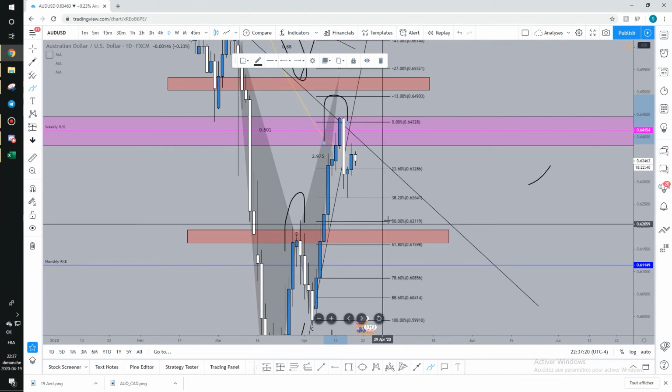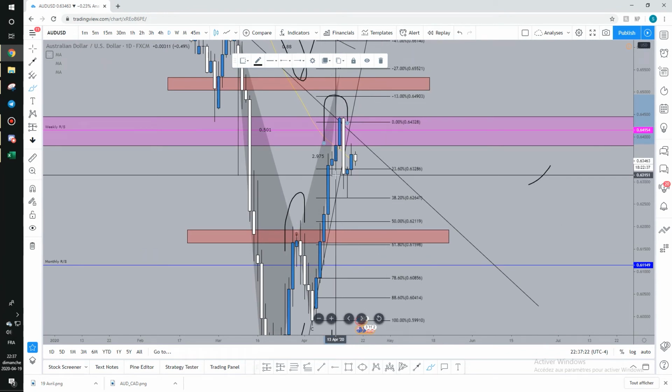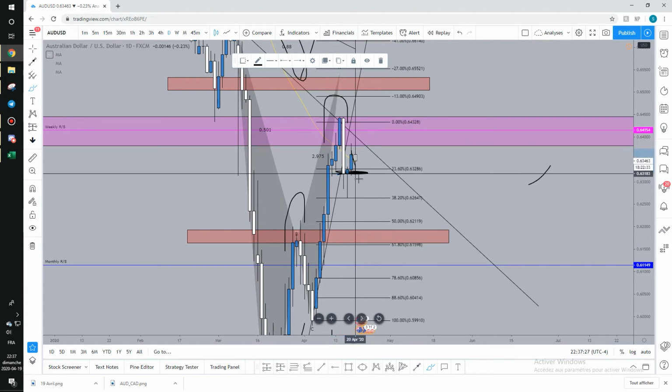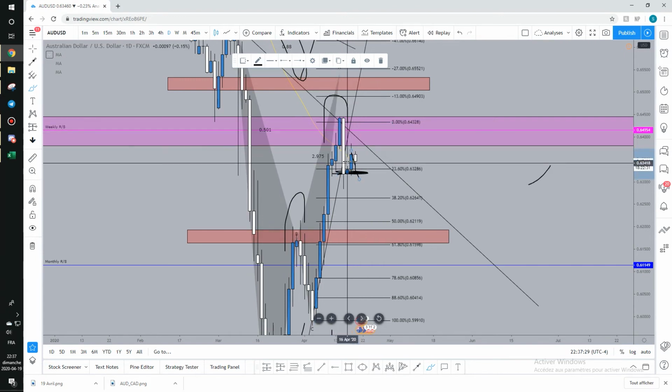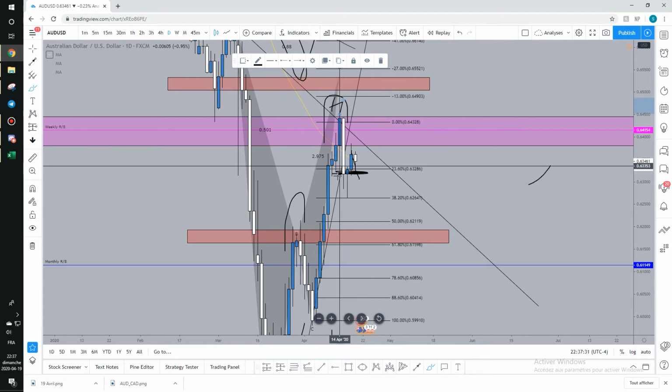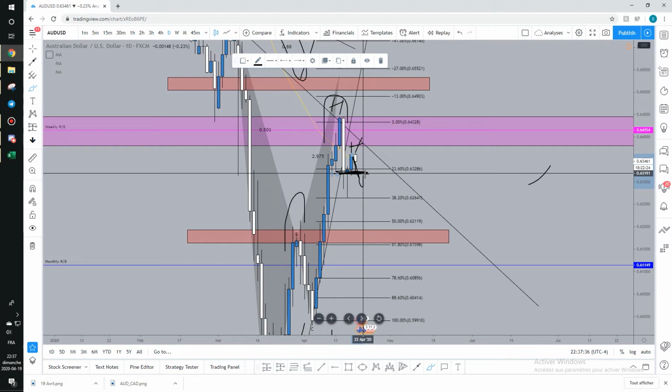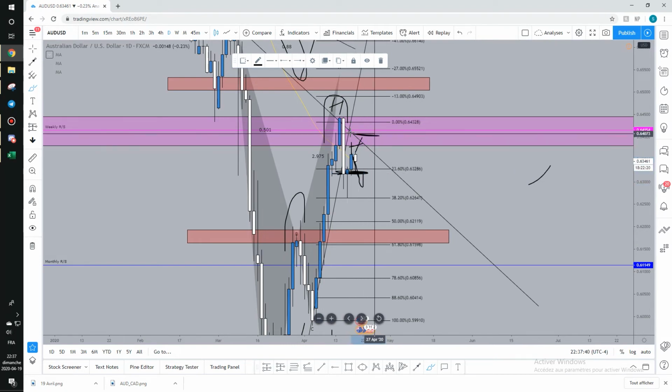So our first possibility to enter the trade is at the aggressive break here. You can see that we made a little structure here, so higher high, higher low, and we only made a high. So if you break here, it's an aggressive break, and we can take the trade with our stop loss above the zone here.